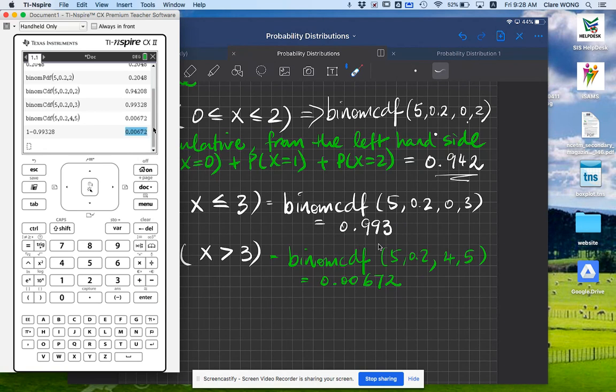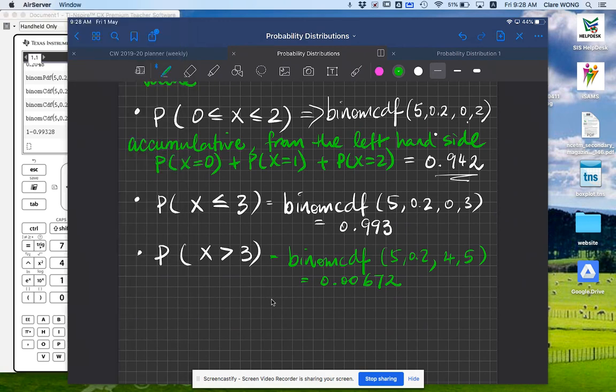So try not to use the one that you have rounded down, and use the calculator whenever you can. It's not necessary though. As long as you know how to use the command and use the lower bound and the upper bound correctly, you get the job done.